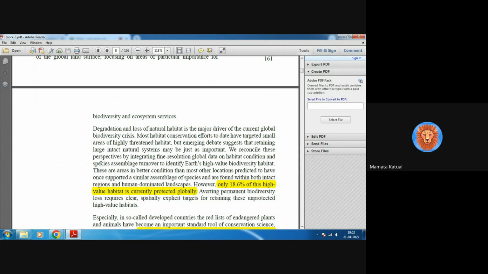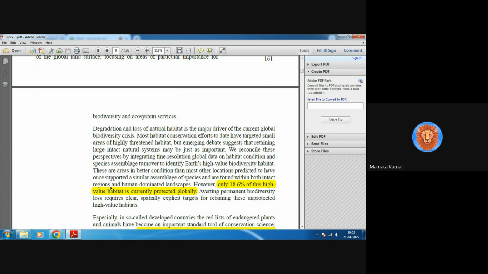So all the habitats have different values according to biodiversity. That means some habitats are biologically very important, and other habitats are biologically less important.